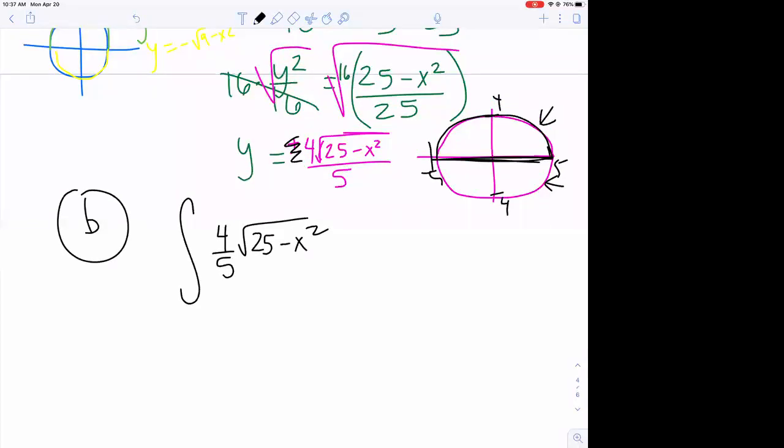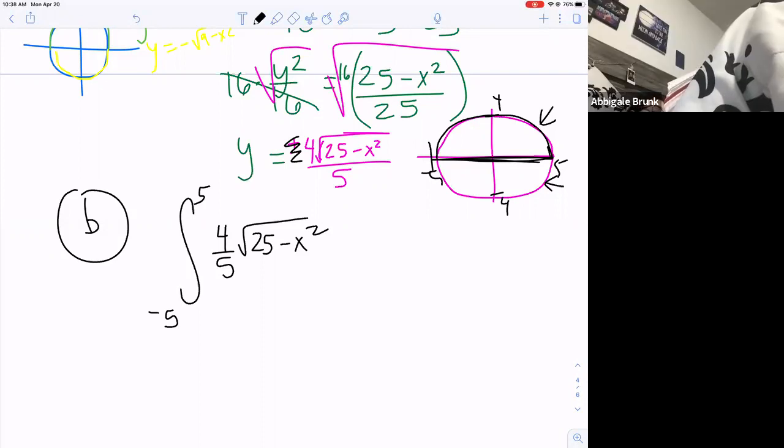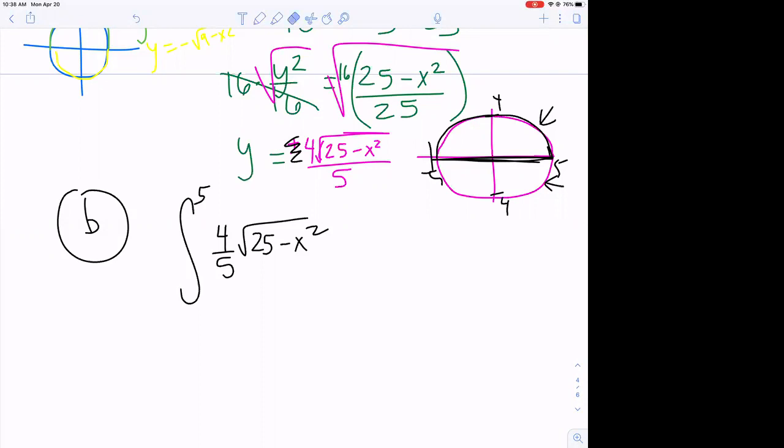So this is actually just the integral from, actually, should we just go from 0 to 5 and then quadruple it so we can plug in 0? Yeah. Sweet, let's do it. Because then we're just finding this portion right now, but we can just quadruple it and we're good.